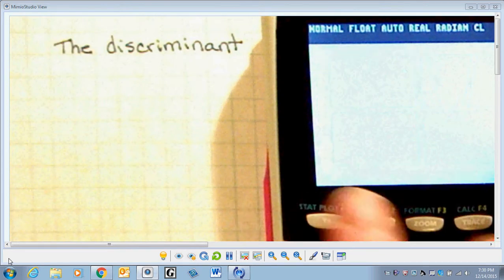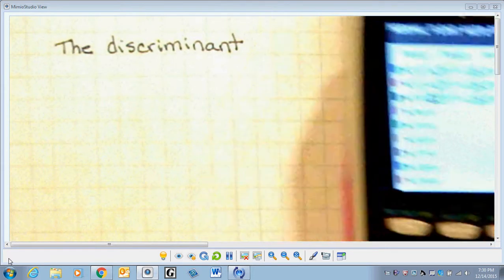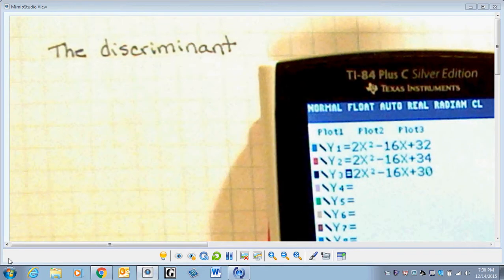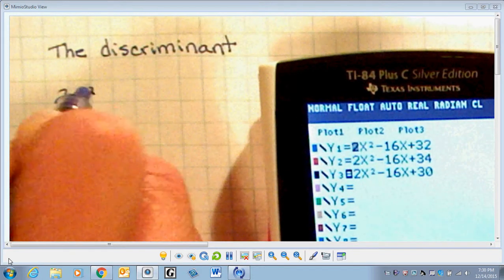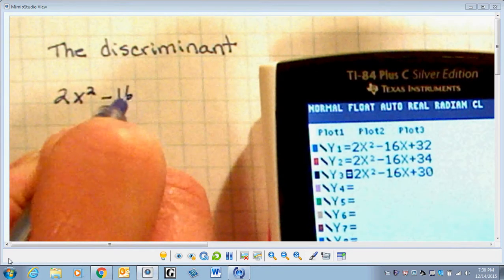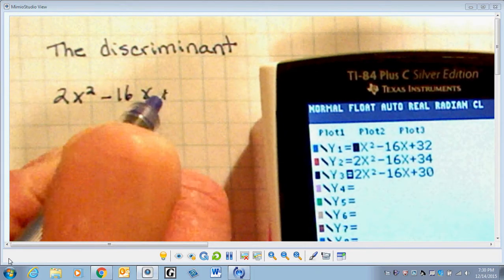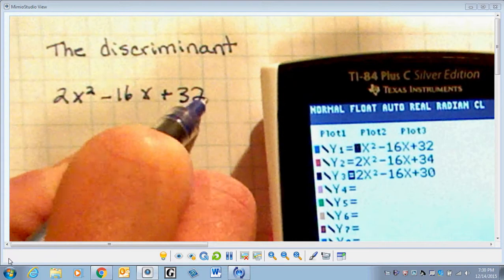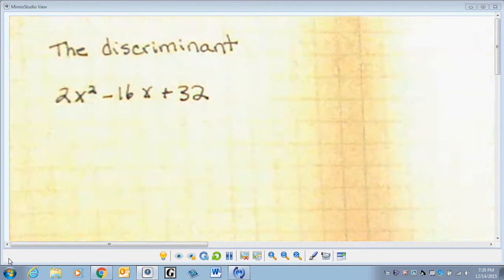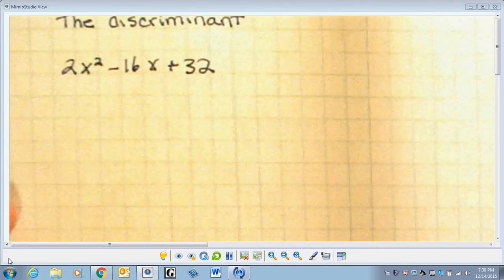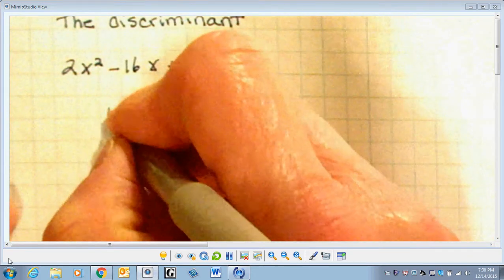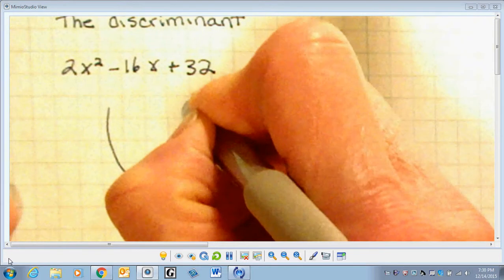So let's write down the first function that we have, which is 2x squared minus 16x plus 32. Okay, so we're just going to sketch what that looks like. I'm going to draw my parabola here.